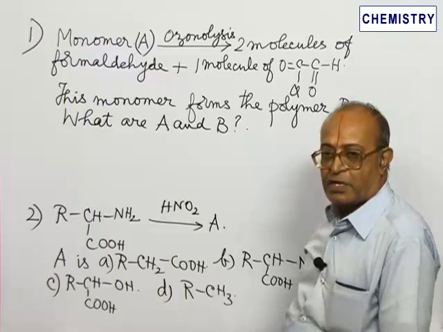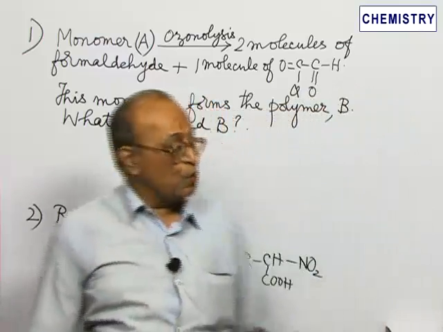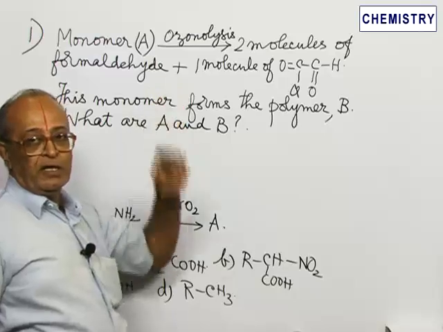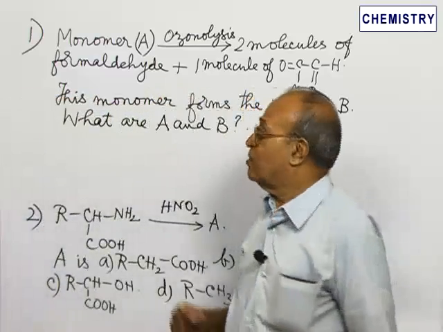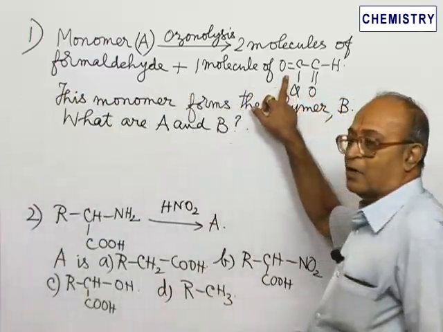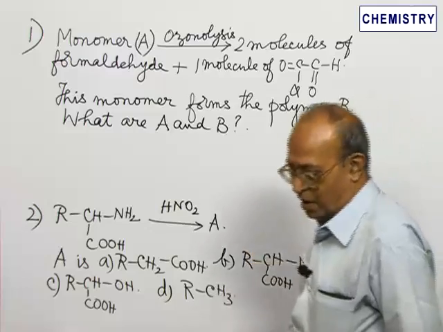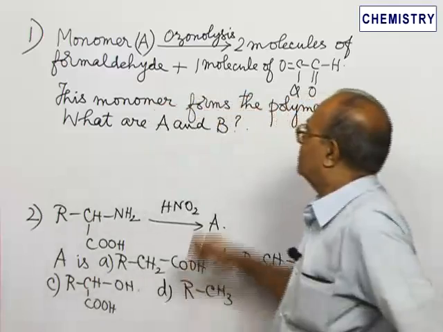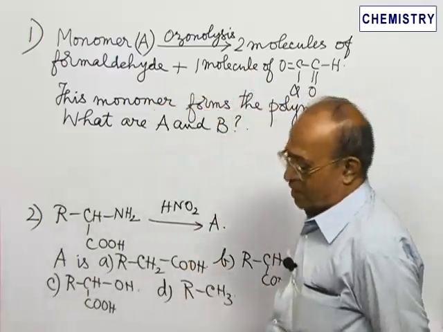Now, the products of ozonolysis are 2 molecules of formaldehyde and 1 molecule of this particular compound. All right.